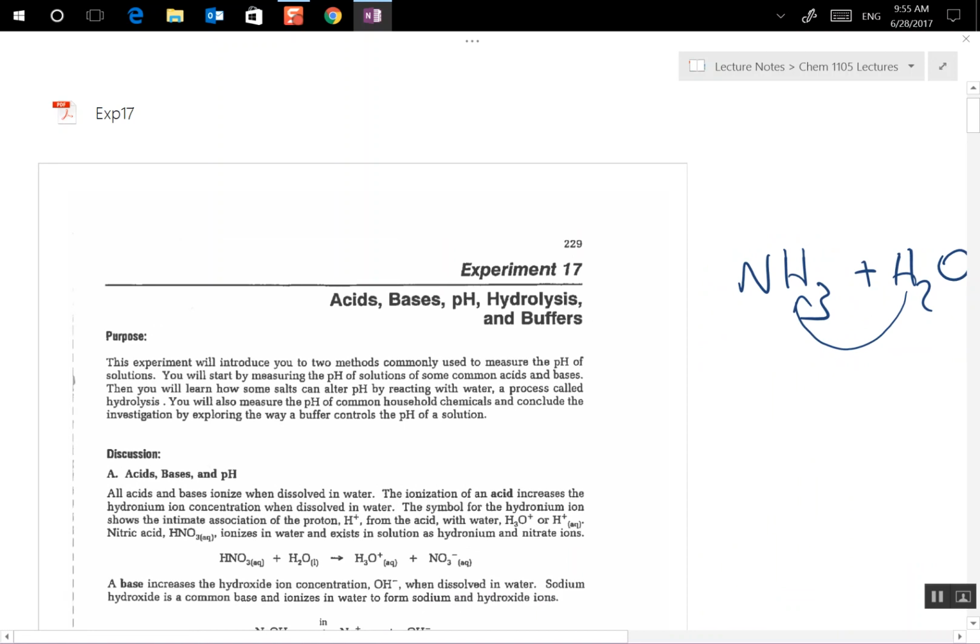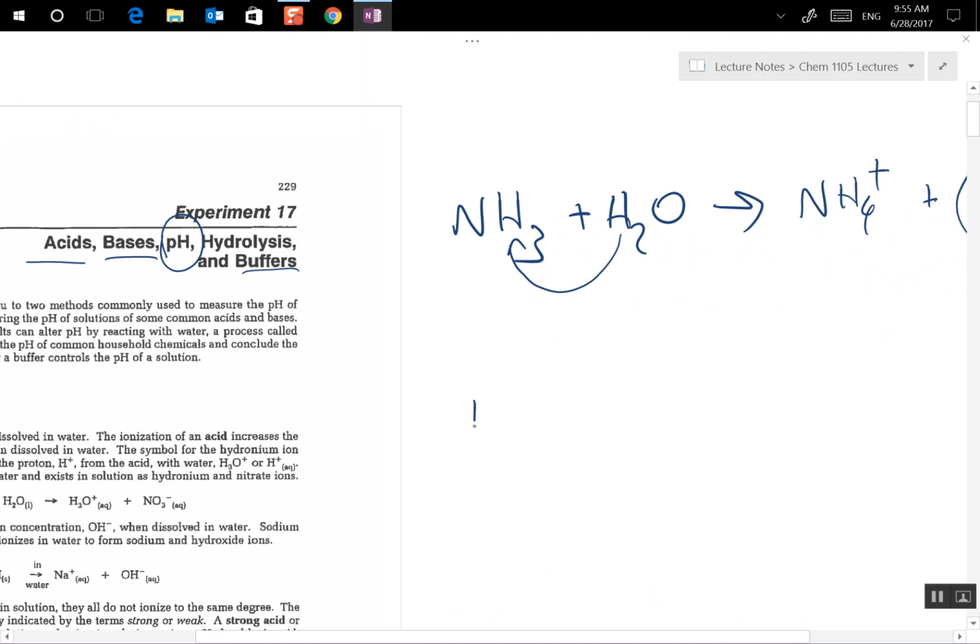So we're going to be looking at some acids and some bases, learning how to measure their pHs in the laboratory, and then also investigating some buffers. We've learned that pH is equal to the negative log of the H plus ion concentration.